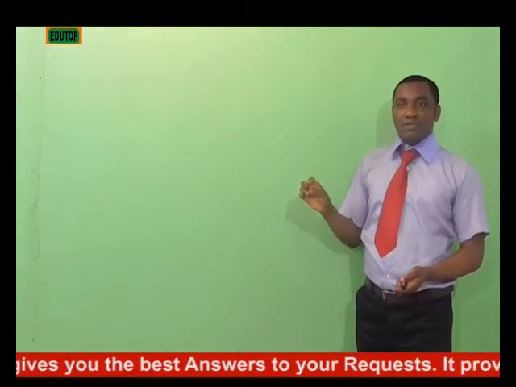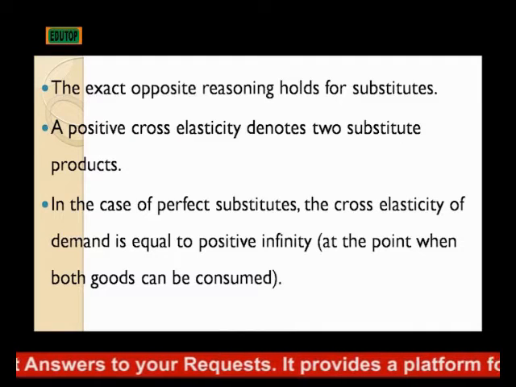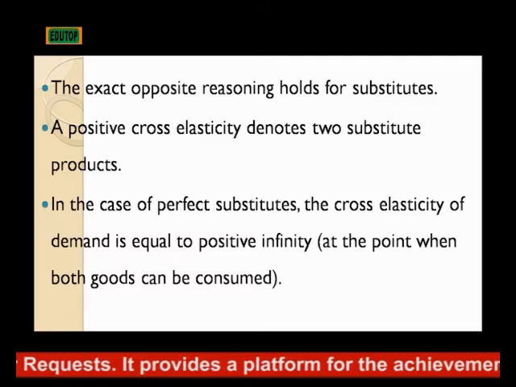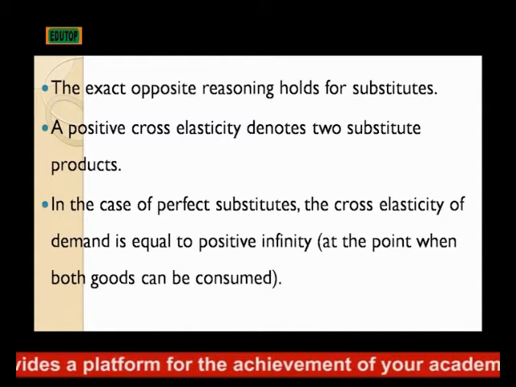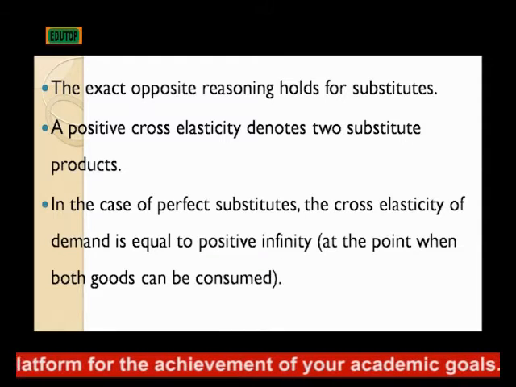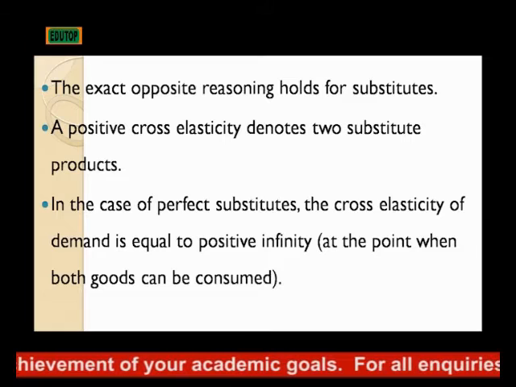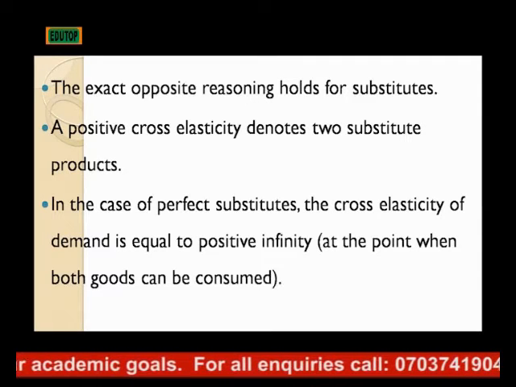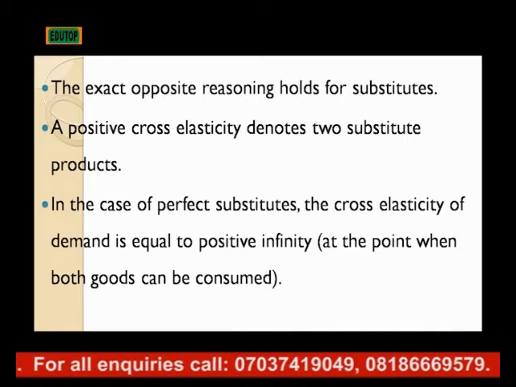Then we can also have a positive cross elasticity of demand, and that is the case of substitute goods. A positive cross elasticity of demand denotes substitute products. In that case, perfect substitute products give us a positive relationship, where an increase in price of one leads to an increase in quantity demanded of the other.